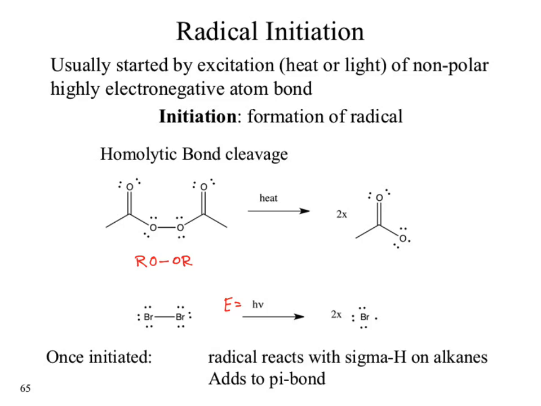You may also see it written as light, or referenced as UV, ultraviolet light. So all of those are saying the same thing. We're causing the bromine to split into the radicals. So we're breaking a sigma bond to make our radical.